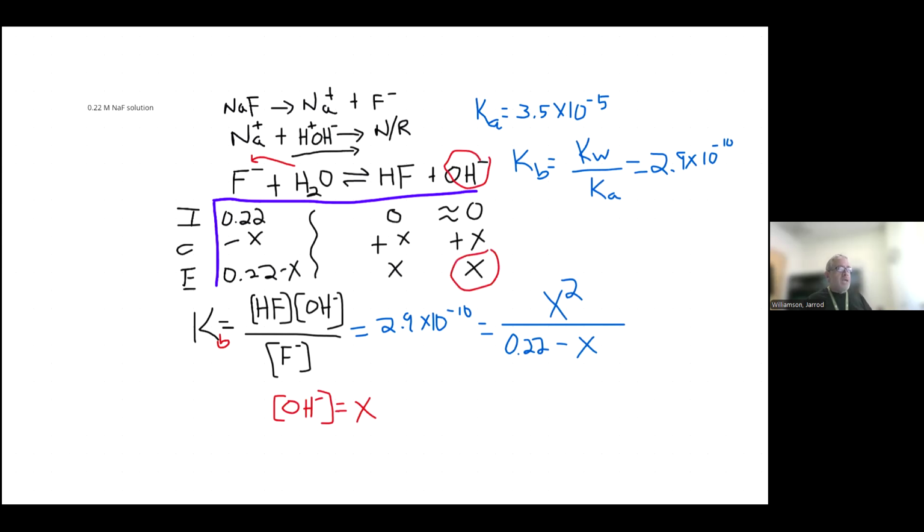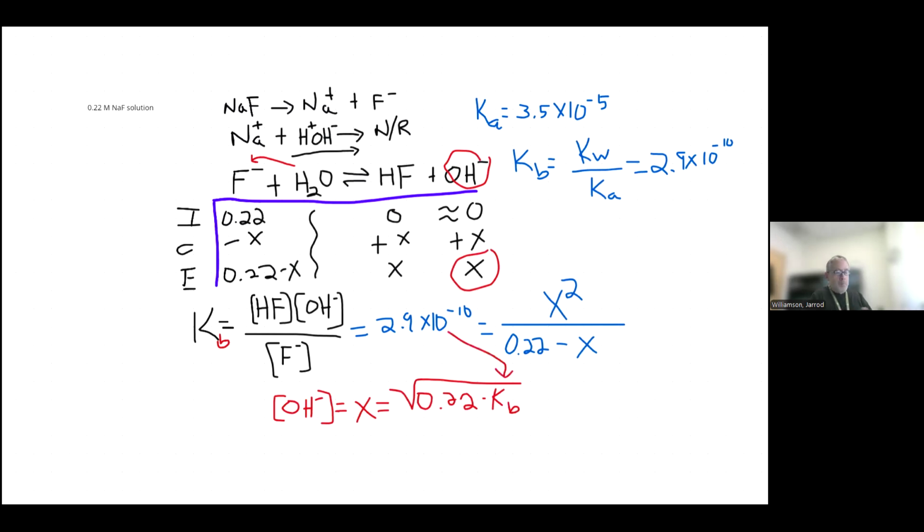And that's going to be equal to the square root of 0.22 times the value of Kb, which is that thing.